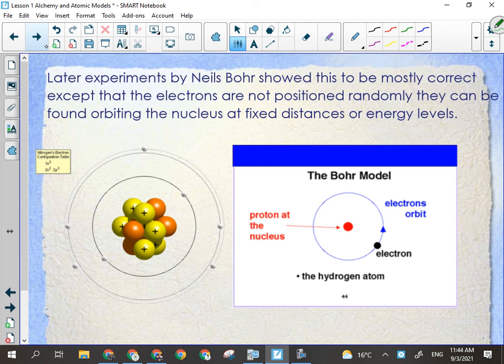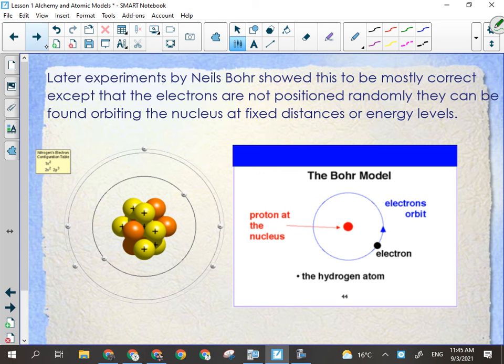They can't have the same orbit, or they can, but they have to be on opposite sides of it because they would repel each other. Okay? So he devised what we call the Bohr or the planetary model of the atom, which is still to an extent accepted today. Because if you were to take a picture of an atom and freeze it in time, you would probably see something like this.